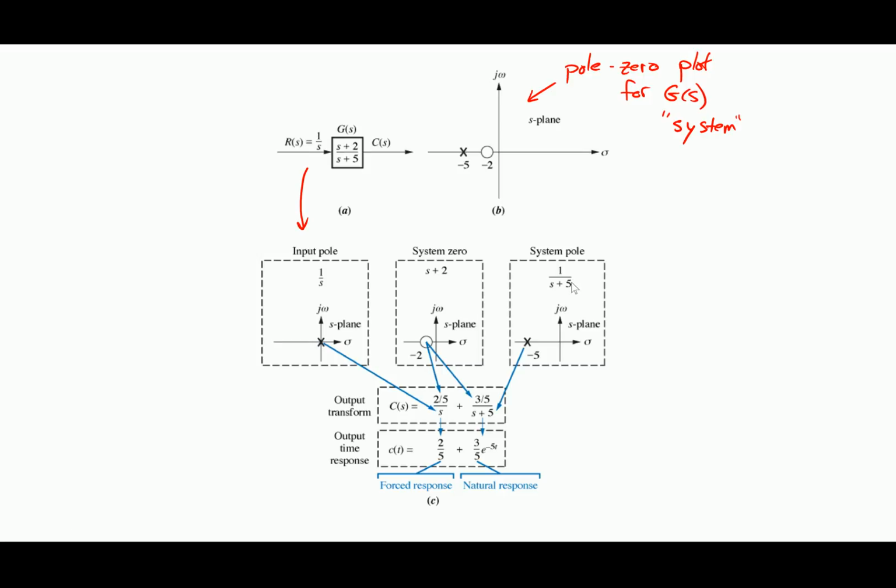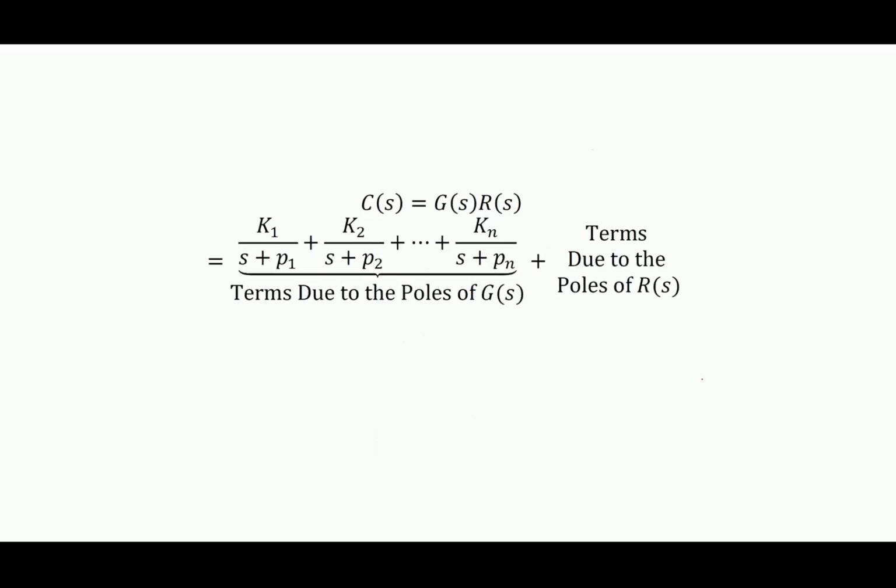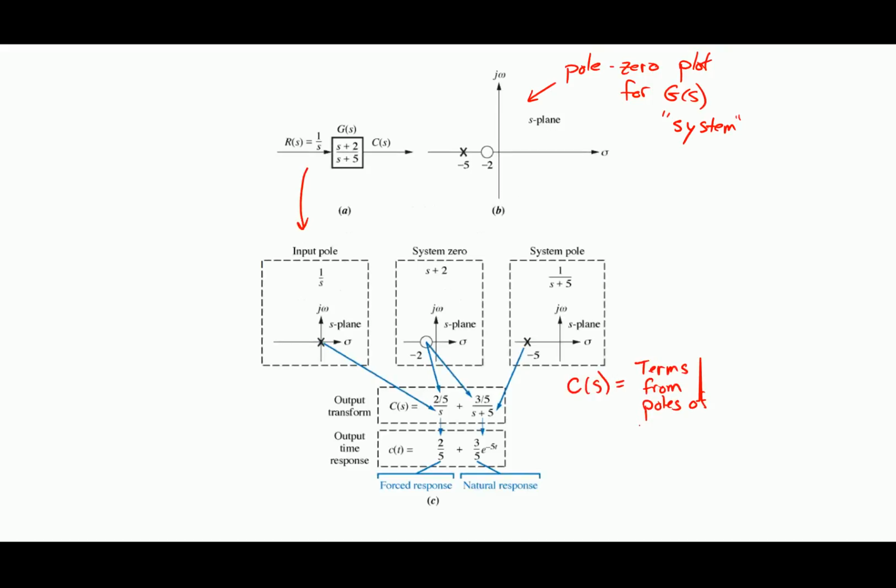In other words, C of S has terms from poles of the input plus terms from system poles.